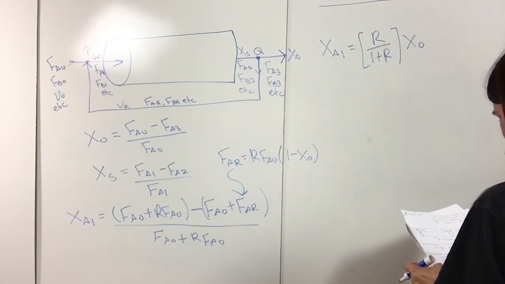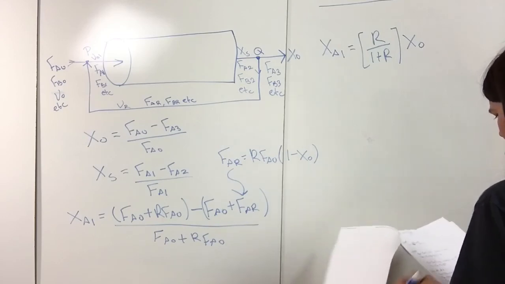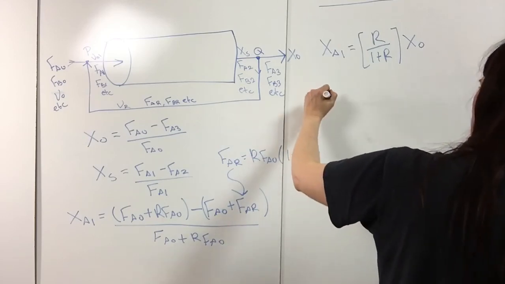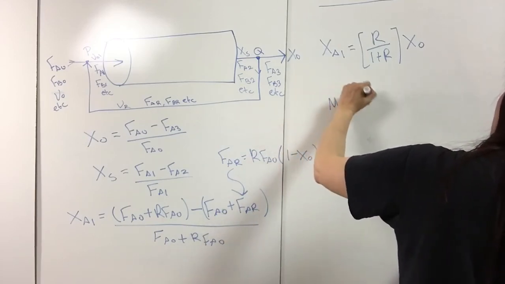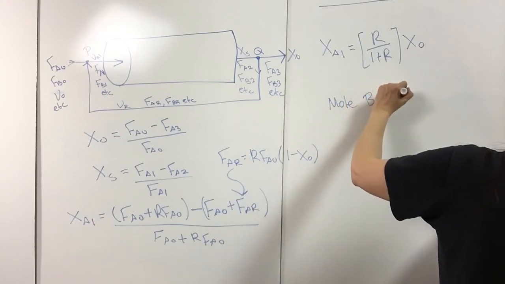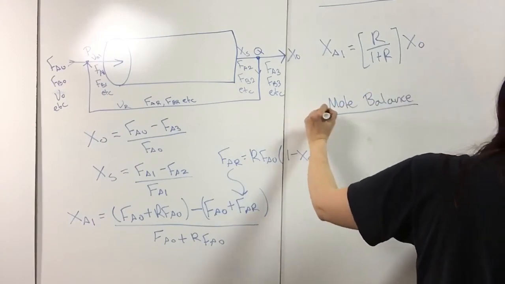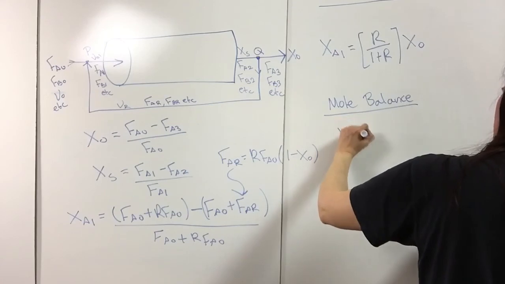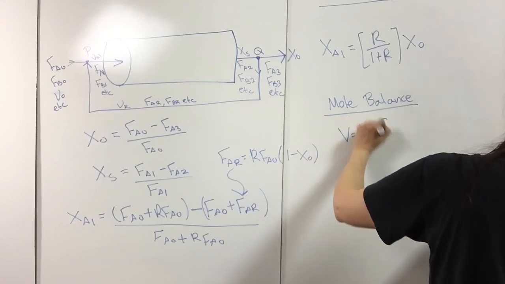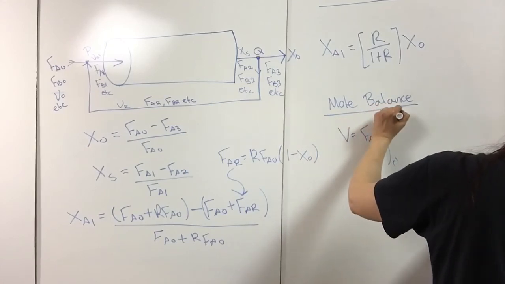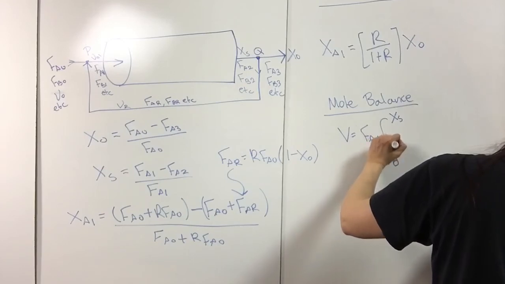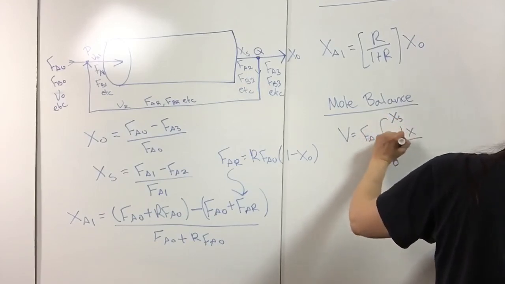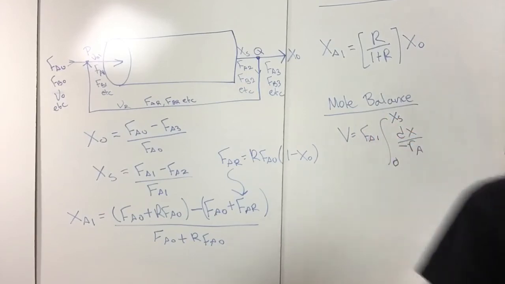So then if we look at the original mole balance, V is equal to the integral from FA1 0 to XS of dx over minus RA.